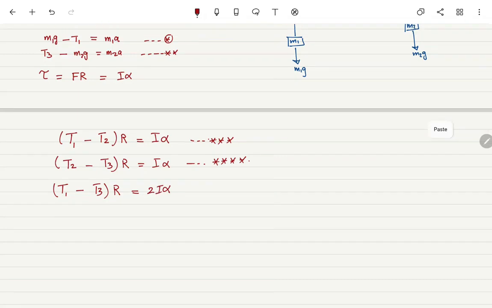And if we add this equation and this equation here, you will find out that T3 minus T1 plus M1G minus M2G equals (M1 plus M2)A.